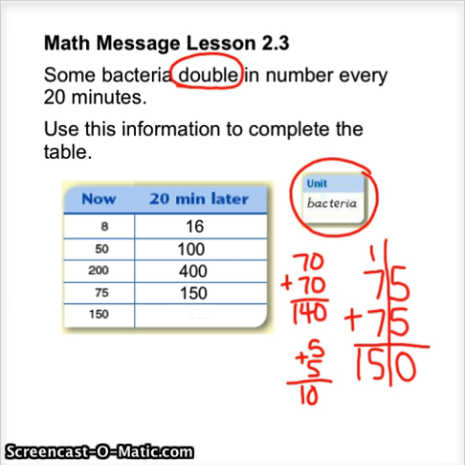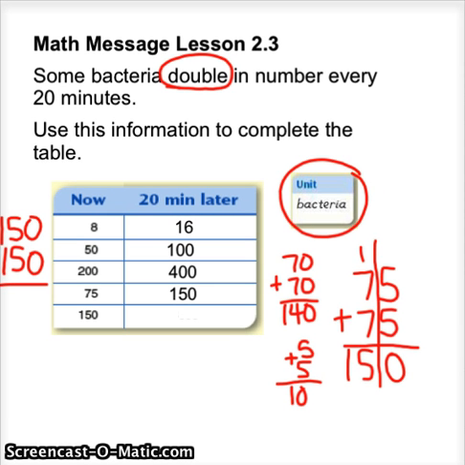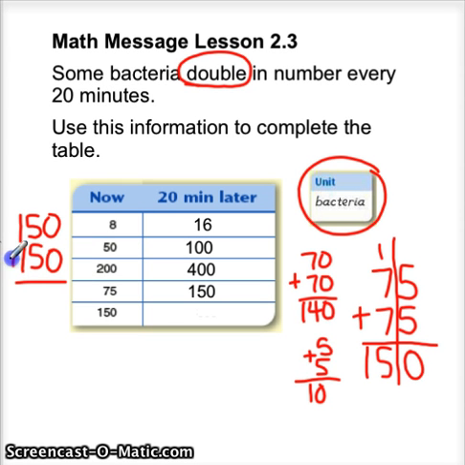And then at the bottom, 150 and 150. Double 150. So to double 150, we could add in the ones place first, which is 0 plus 0 is 0. And we can add the tens place. 5 plus 5 is 10 tens.